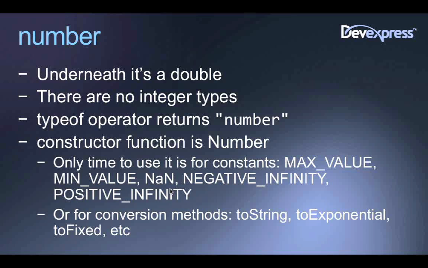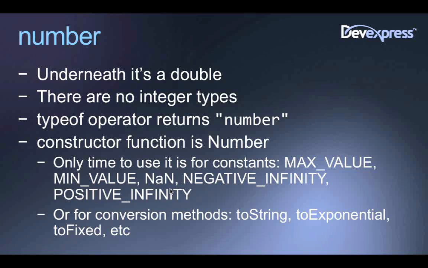The typeof operator will return number. The constructor function is actually Number with a capital N. And again, it's one of those things which is there for completeness, but you should never actually use it. And one of the things it does have is a bunch of properties which are constant. So there's Number.MAX_VALUE, Number.MIN_VALUE, Number.NaN, not a number, Number.NEGATIVE_INFINITY, POSITIVE_INFINITY, and so on and so forth.